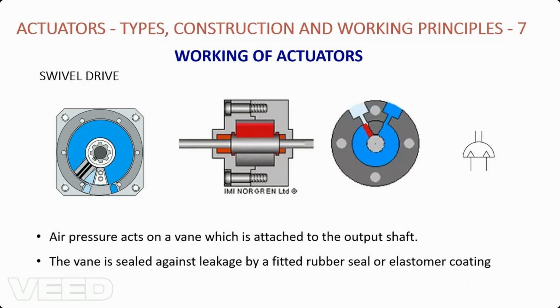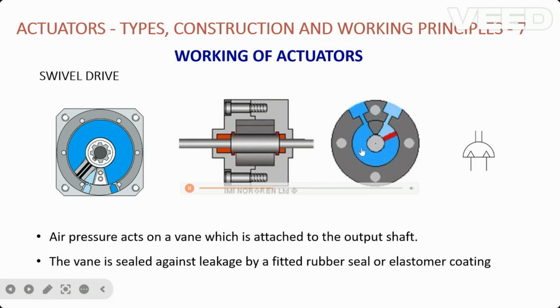A simple construction of this is a circular disc or circular cylinder-like construction. Internally, for swivel drives or under 360 degrees, we will have a stopper, and beside the stopper we will have a flap. As we can see in the animation, when we send air pressure, the flap will rotate and it will get stopped at the stopper.